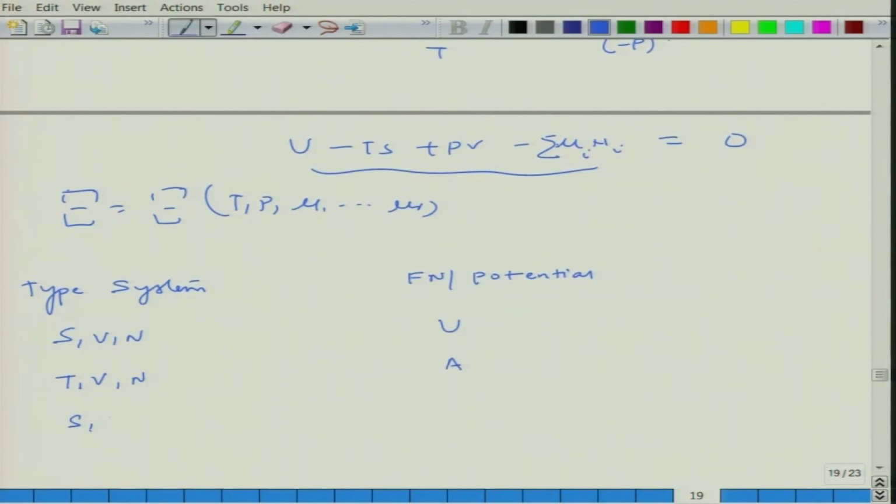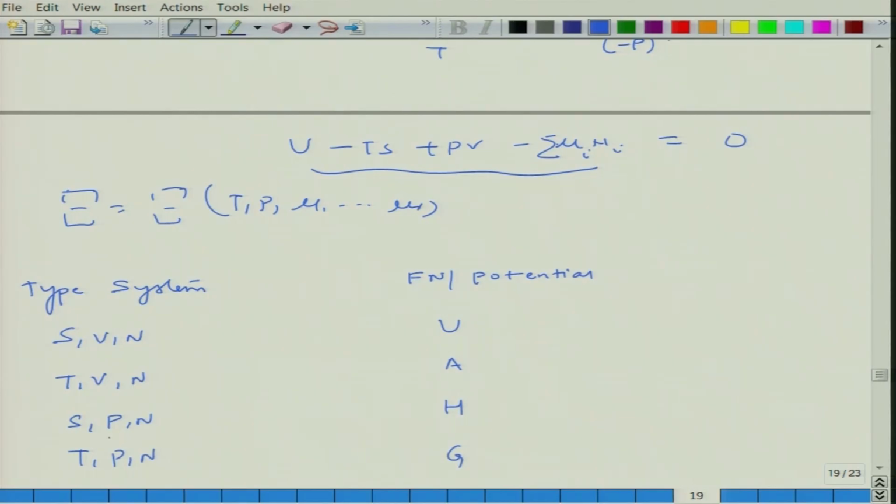For S, P, n, the appropriate thermodynamic function is the enthalpy H. For T, P, n, the appropriate function is G. So, for U the natural variables are S, V, n, for A they are T, V, n, for H they are S, P, n, for G they are T, P, n.